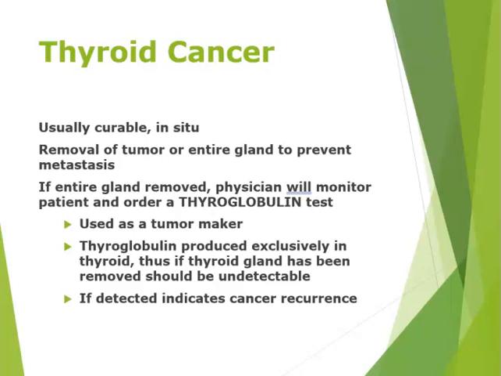If the entire gland is removed, the physician will monitor the patient and order a thyroglobulin test, which is used as a tumor marker. Thyroglobulin is produced exclusively in the thyroid. Thus, if the thyroid gland has been removed, it should be undetectable. If it's detected, it indicates a cancer recurrence.